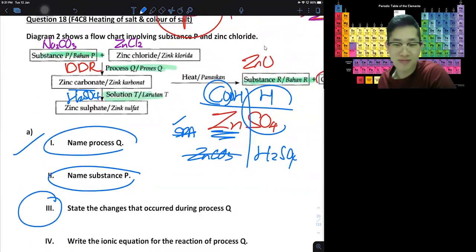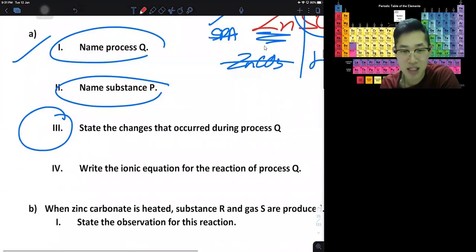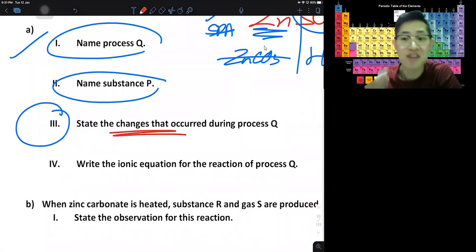The changes occur, that means observation.